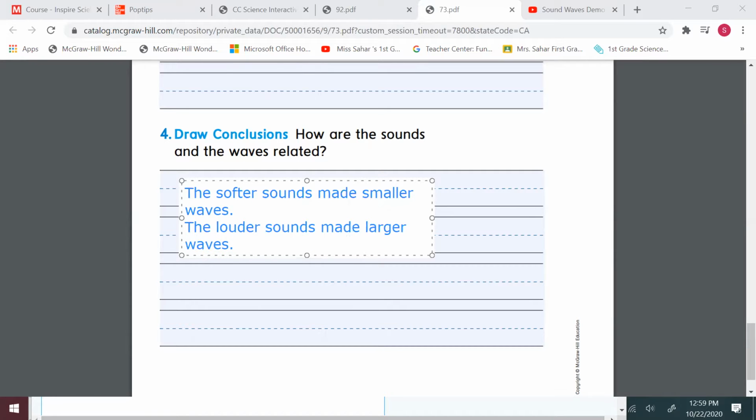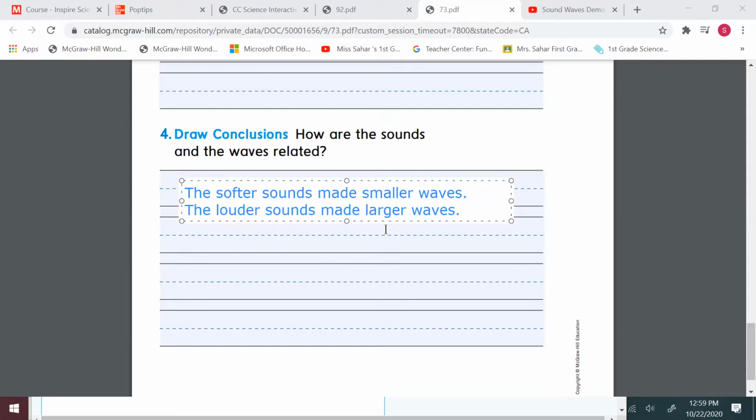So now this is what I understand from this experiment, that yes, when I hit the tuning fork hard, I made louder sounds and I saw larger waves in my water, or the water bowl, or the cup, if you saw another video's cup. And when I hit the fork softer, of course, it made softer sounds, and then it made smaller waves.